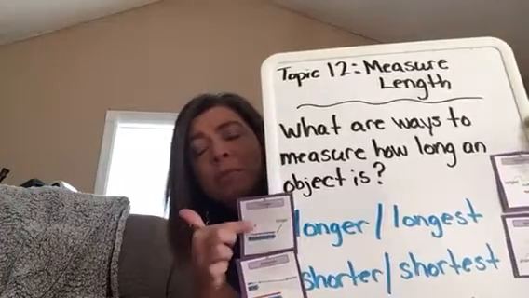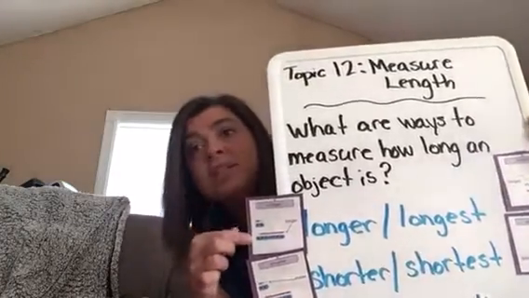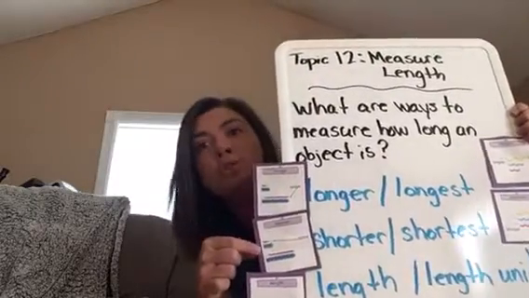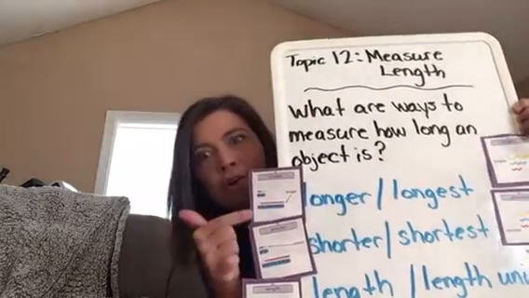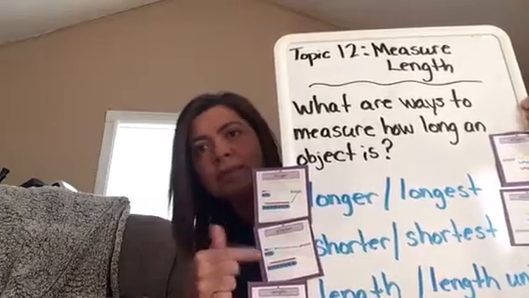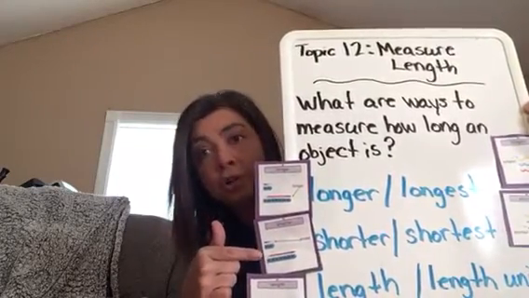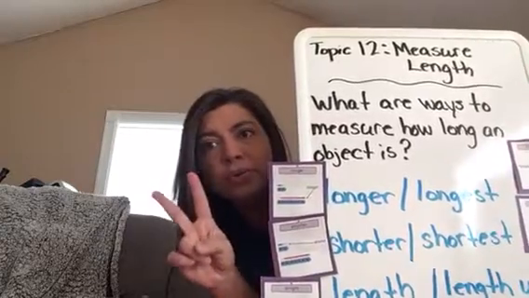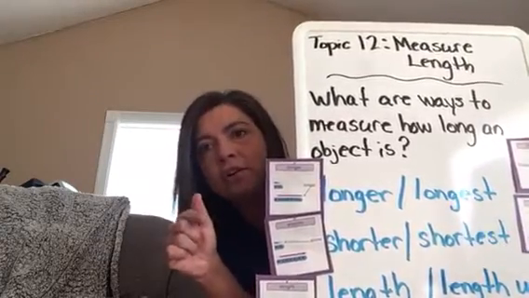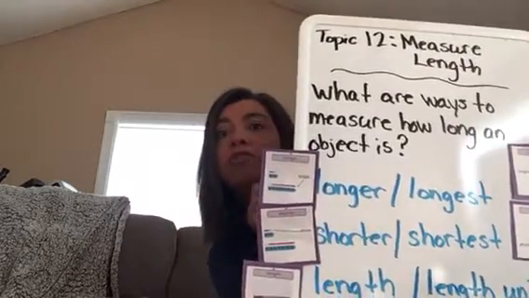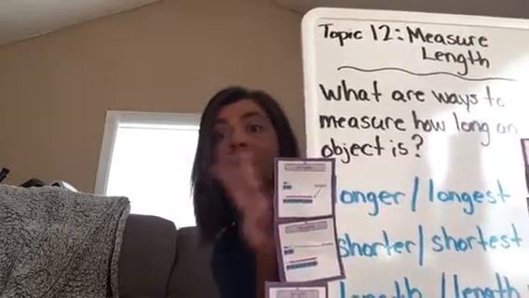Okay, so when you're comparing two objects, you can say which one is longer or which one is shorter. The opposite of longer is shorter. Longer and shorter.